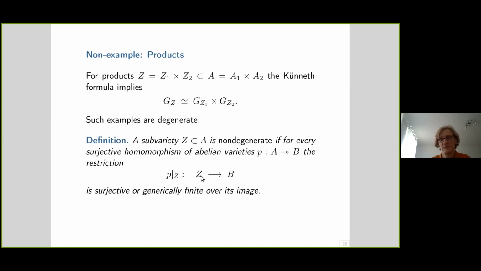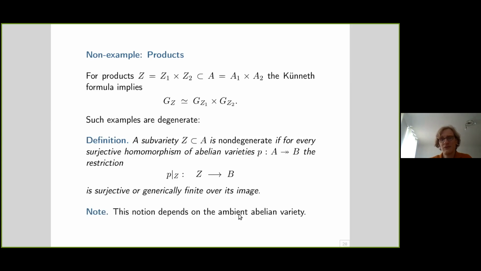So in other words, if the quotient map is not surjective onto B when viewed as a map on Z, then it's necessarily generically finite over its image. And of course, this is not the case for product situations, also not the case for products up to isogeny. So this is one condition which rules out those cases.